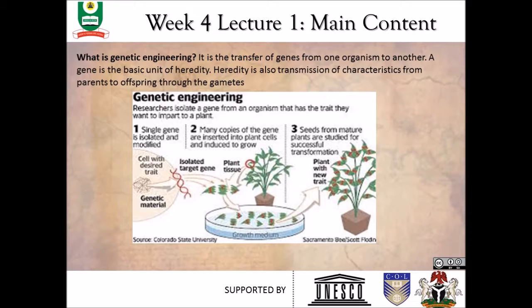So, when it is said that genes are the basic unit of heredity, it means that the genes for the different characteristics are what are transferred from parent to offspring. If I tell you that I resemble my mother in height, and if my mother is tall, it means that my mother transferred a gene for tallness to me through a gamete called the egg or ova.